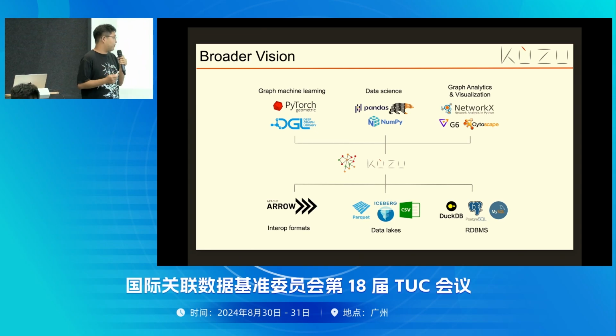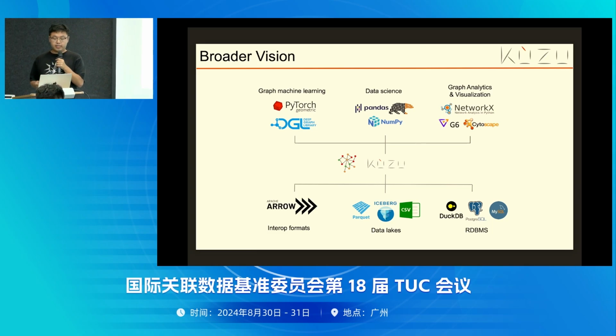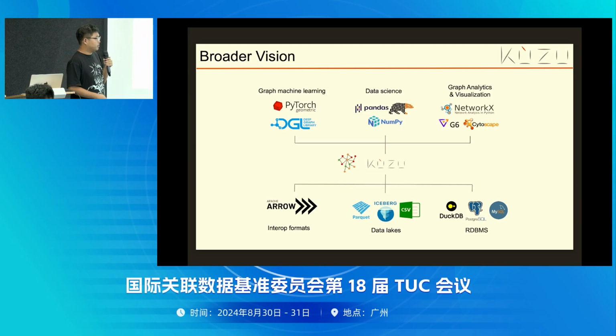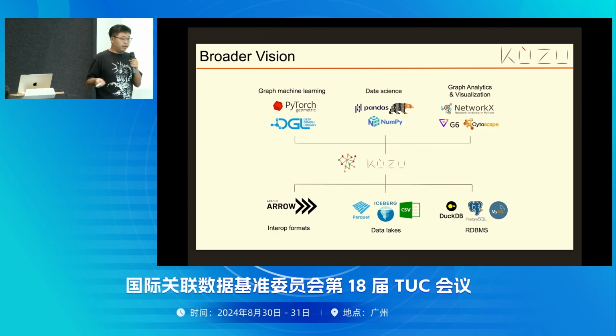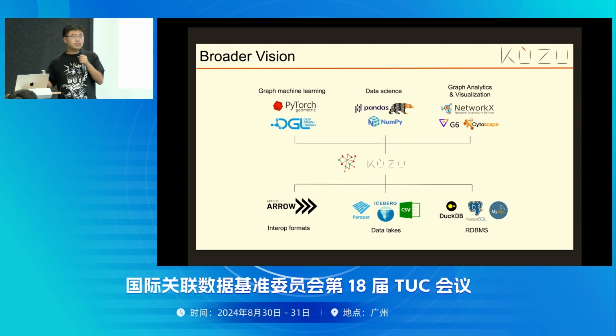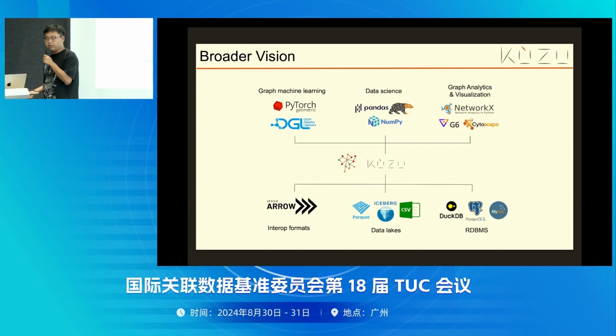As I said, you can have your data in various formats from various locations, and we provide a straightforward way for you to ingest your data into Kuzu and run graph query workloads, and further pipe your query results into different third-party libraries for downstream tasks. You could pipe your results for downstream graph analytics, visualization, general data science to pandas, or some machine learning framework like PyTorch Geometric or DGL.